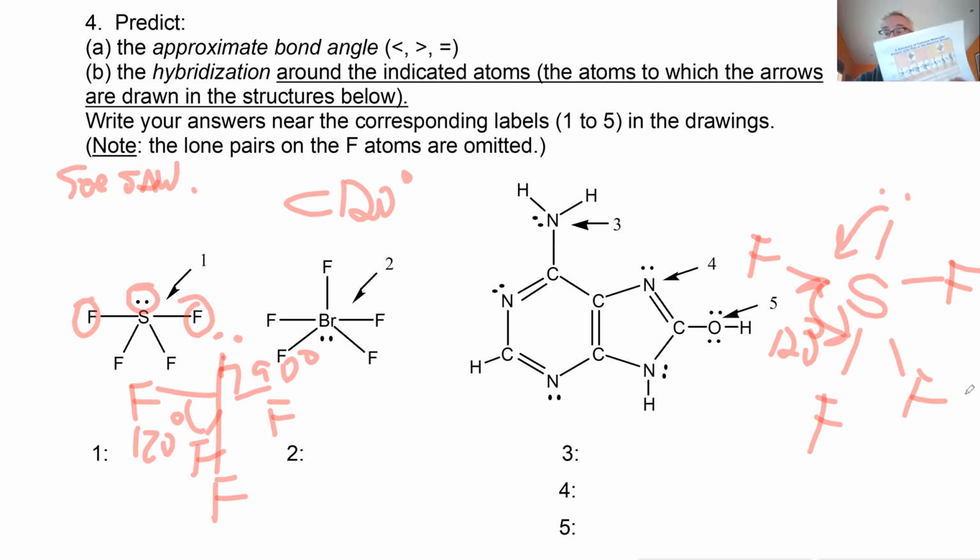And as a helpful hint, it actually has that in the table. When you look at it, it says the axial angle is a little bit less than 90 and the equatorial angle is a little bit less than 120. So you could say it's a little bit less.